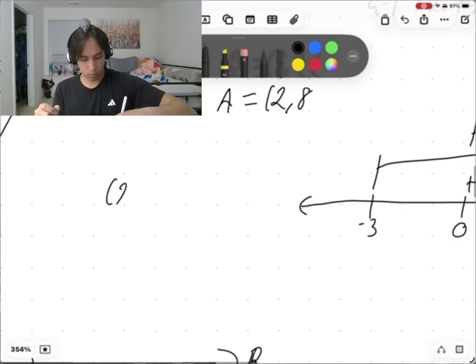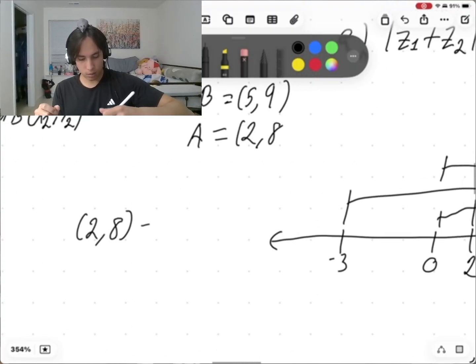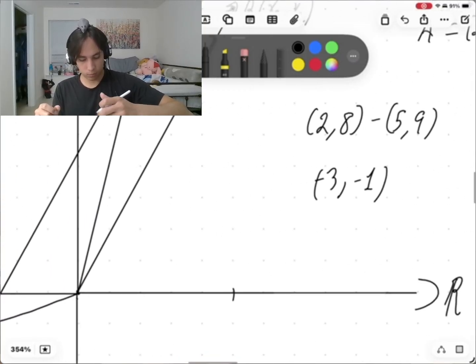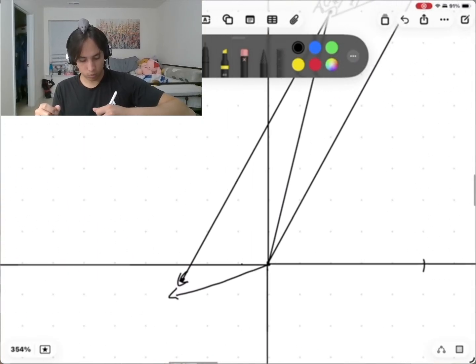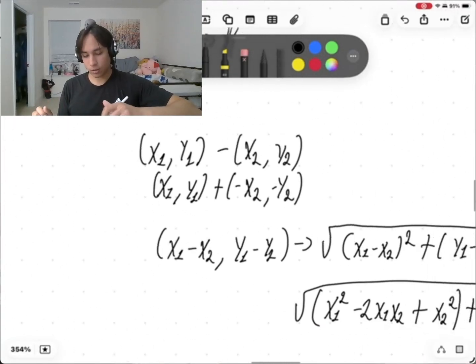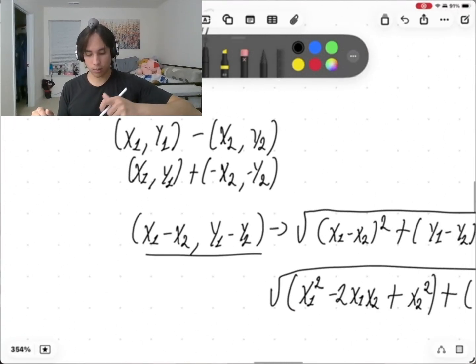So 2, 8 minus 5, 9. So this is going to be negative 3, negative 1. Right? We got the difference.